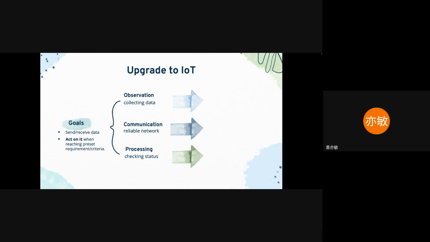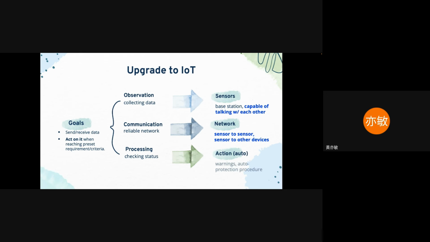And then we can upgrade everything I mentioned here to the IoT scale. How about letting our sensors talk with each other? How about asking our sensors to communicate with each other and do something automatically? They can make their own decisions by our criteria. So we don't need to wait for the data collected from the site to reach our emergency operations center.